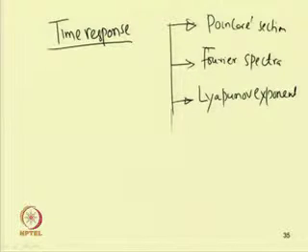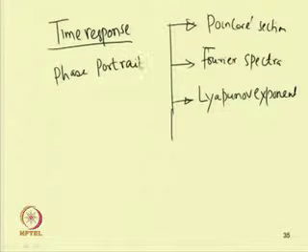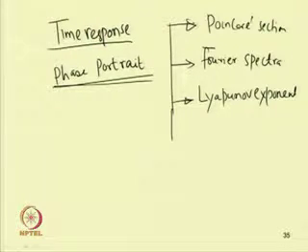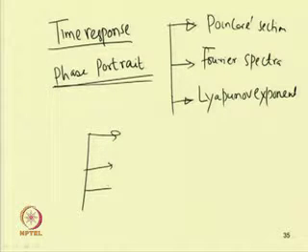Also, after getting the time response, one can plot the phase portrait to observe the response type. Already we know that for a deterministic system, we have 4 different types of response. So, these are fixed point response.